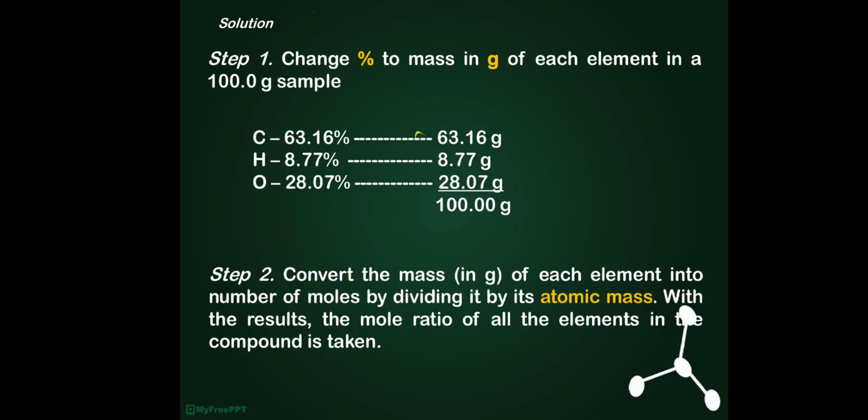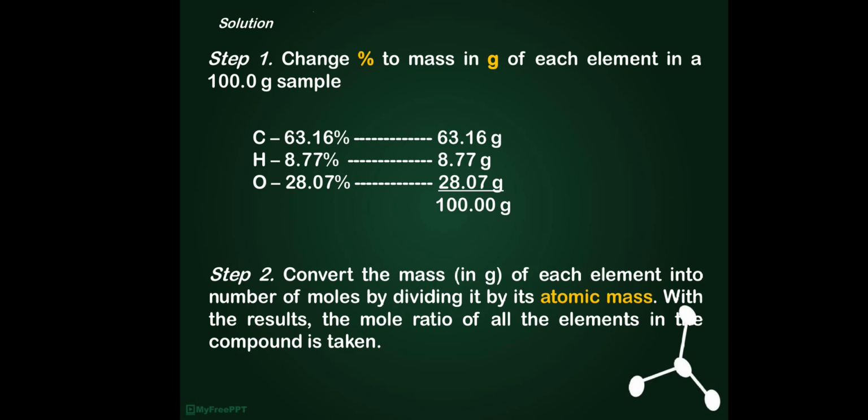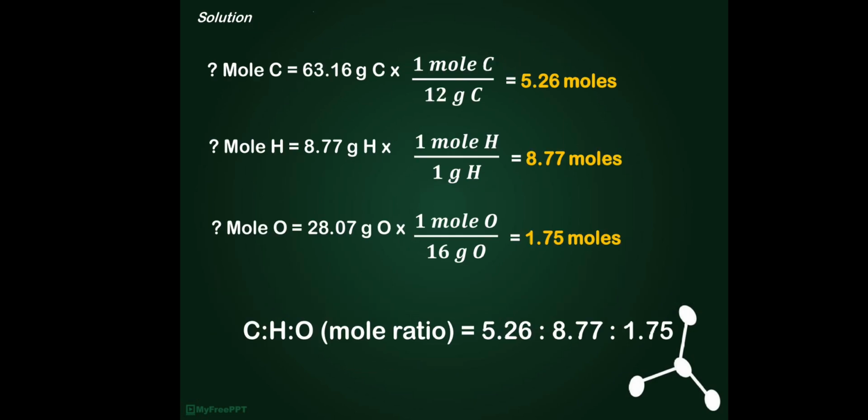Sa given percentage, right? Nag-change lang natin ng gram. So 63.16 gram carbon is multiplied to 1 mole carbon, which is constant because it's mentioned number of moles. 1 mole, it's constant. All of that is 1 mole already.